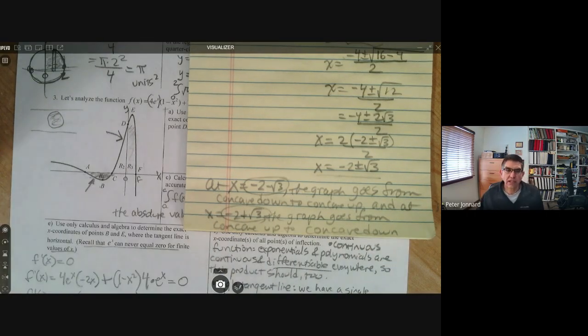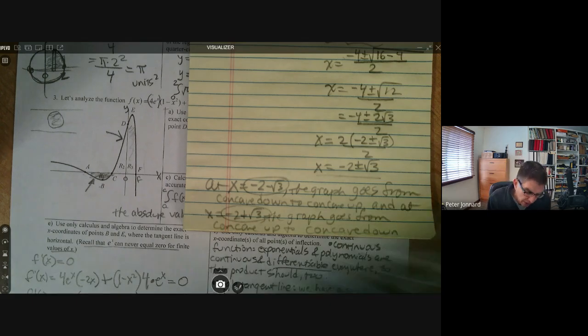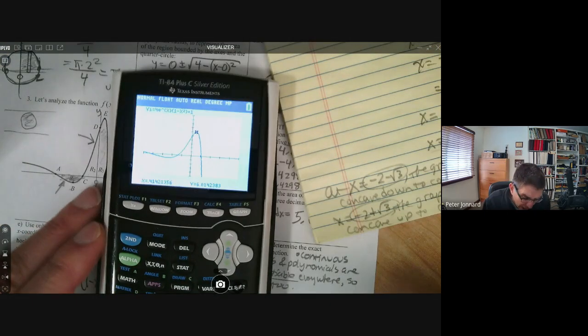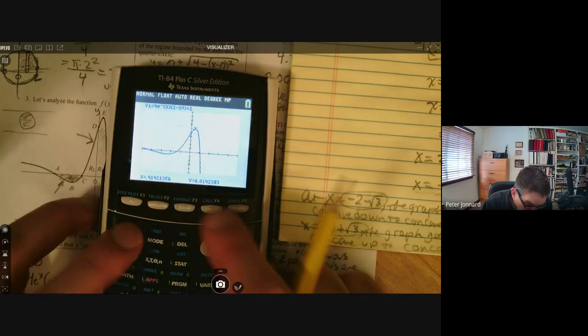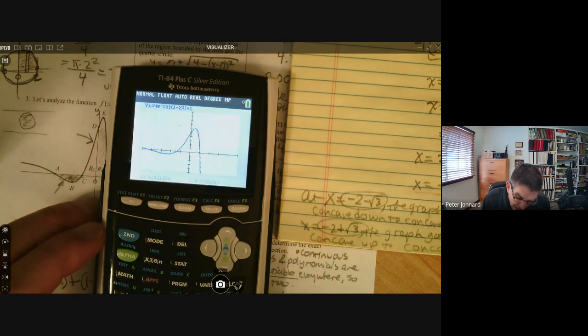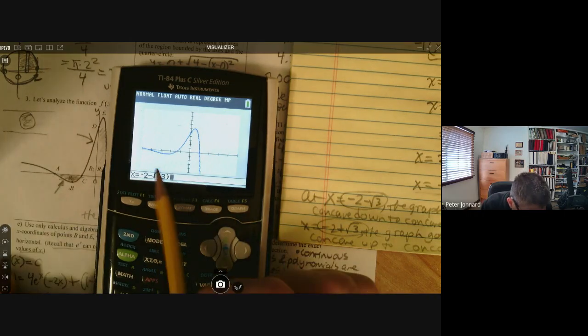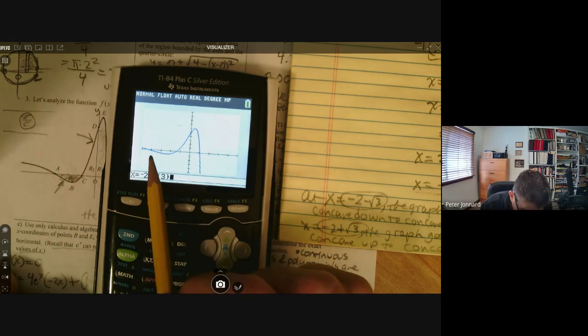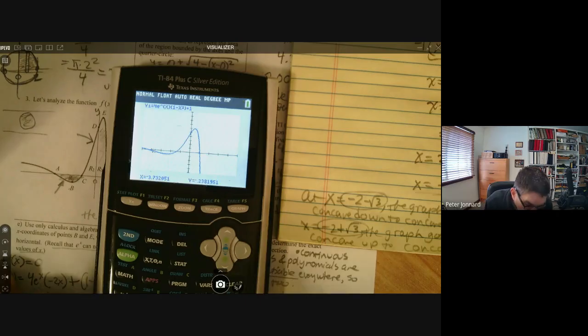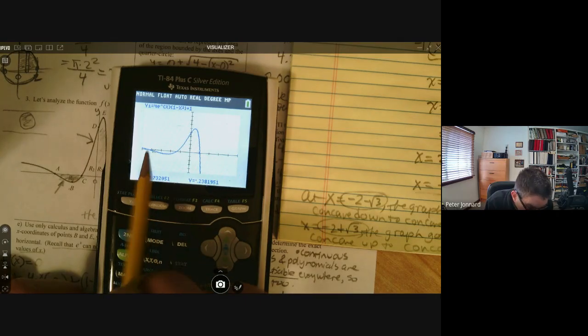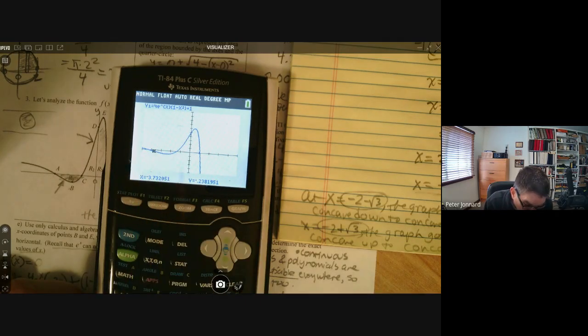Okay. Now, it would be nice to check that on a calculator. So I'm going to look at this and see if this looks at all close to what my graph is telling me. If I do second calculate the value at -2 minus the square root of 3, hopefully it'll be somewhere in here, somewhere in there. It'll tell me, okay, at this point here, it's changing from concave down to concave up.